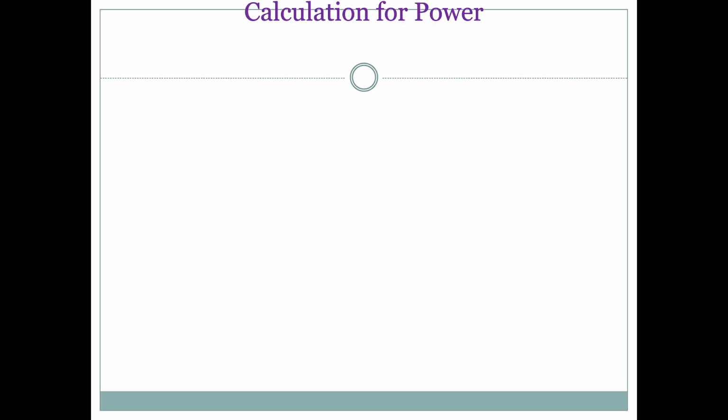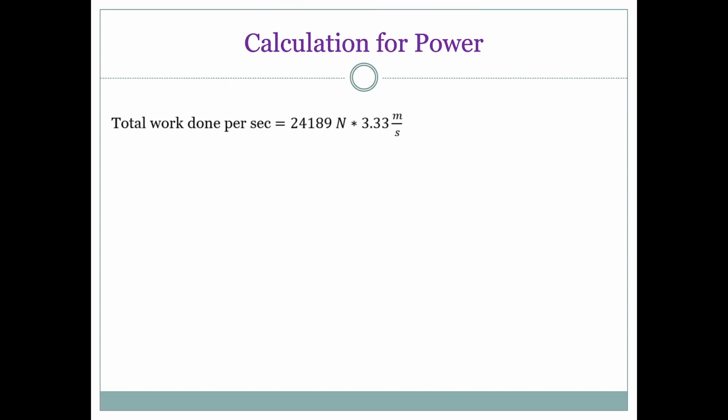We now need to calculate the total power. So the total work done per second is given by the formula total work done multiplied by rope speed in meters per second. Okay, so when you do this, you get a numerical value of 80549 joules per second, or you can say 80549 watts.